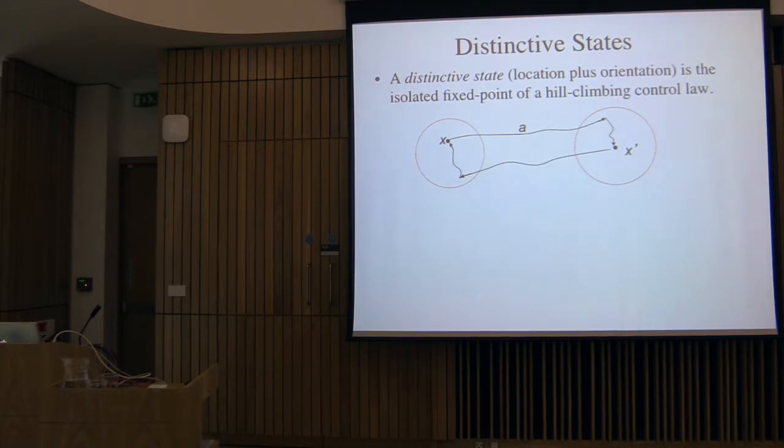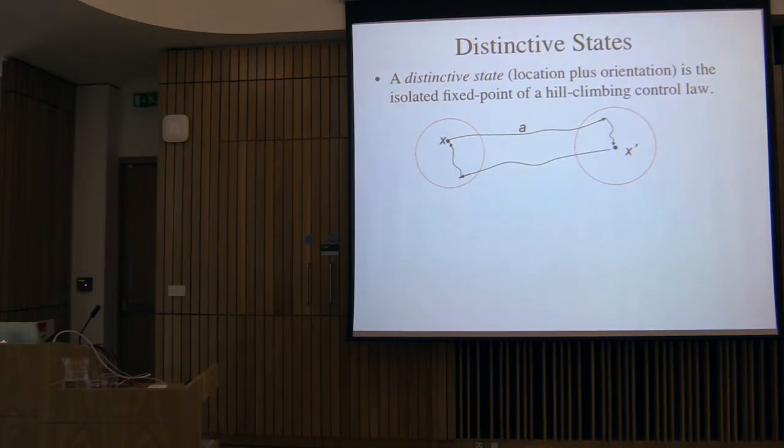In particular over here, what's changed is that I'm close to this other wall. And if I can detect that I'm now within the basin of attraction of some hill climbing control law, for example, in this case, I'm going to move so that I'm approximately equidistant from the nearby obstacles, then the local optimum of this, or the fixed point of the hill climbing control law, is what defines a distinctive state.